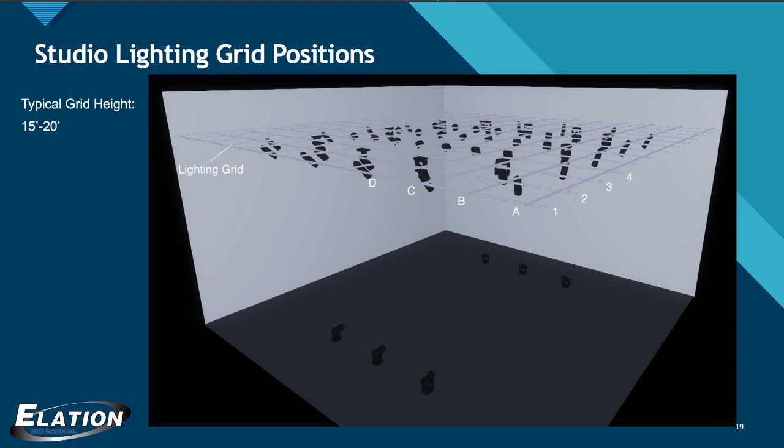So one direction of pipes are going to be lettered, and the other direction is going to be numbered. And depending on what corner that facility wants to start on is where you would start. And if you have a light, let's say that first light closest to us is located at B2, so we know where to hang the fixture.